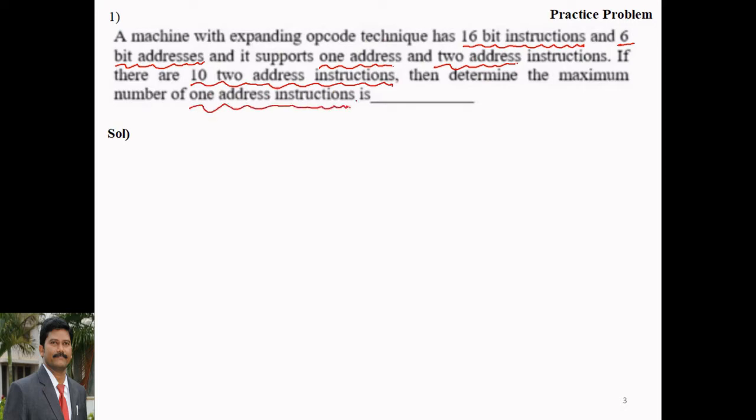So the CPU supports two address as well as one address instructions. There are 10 two address instructions. Then if you go to one address instructions, how many maximum instructions are possible?